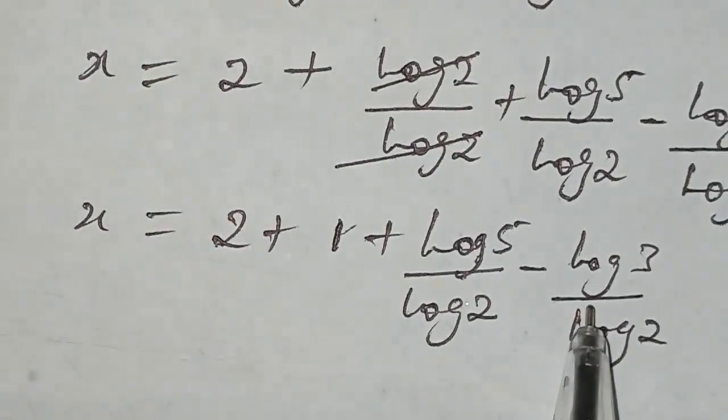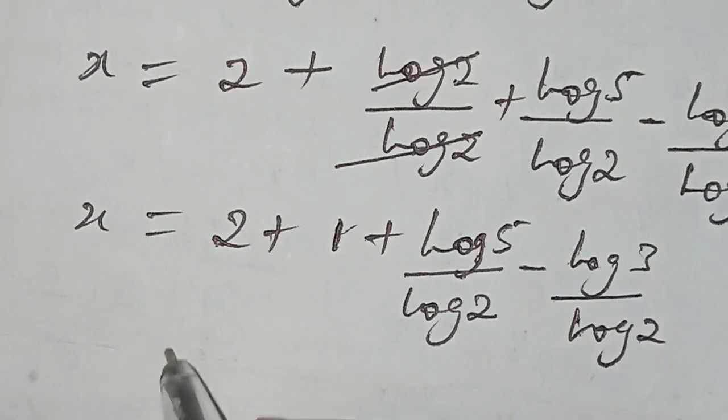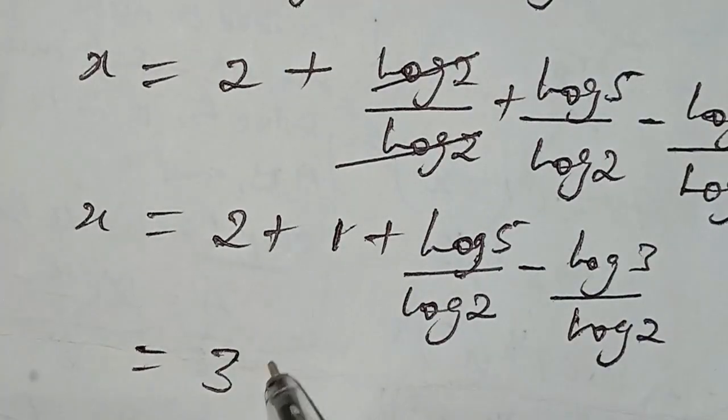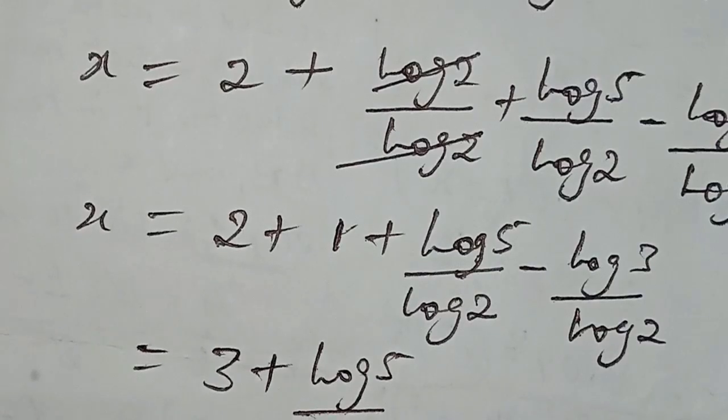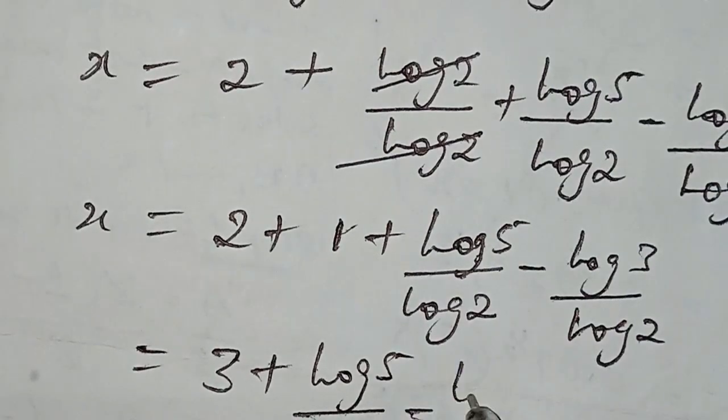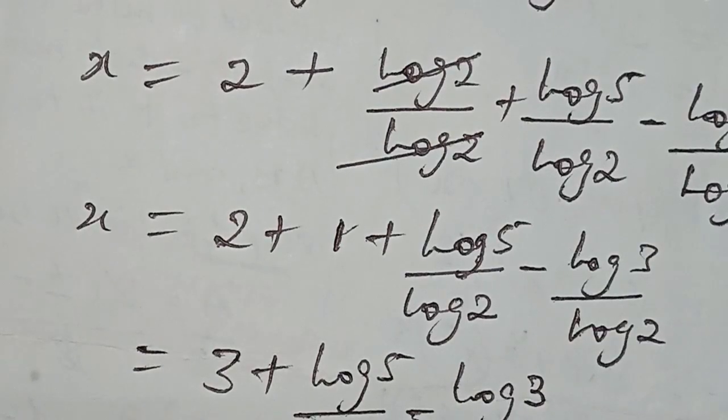So x equals this. We can add this together, and we have 3 plus log of 5 over log of 2 minus log of 3 over log of 2.